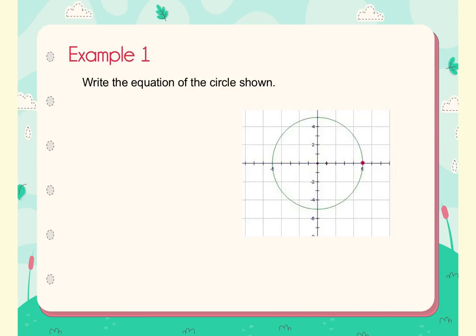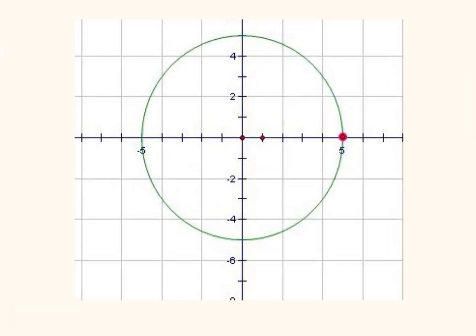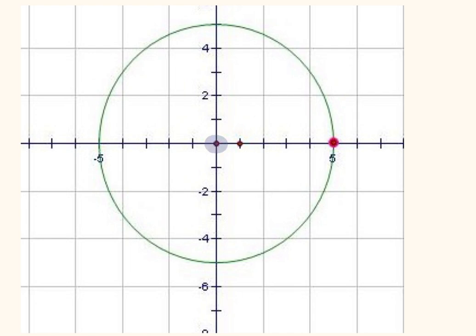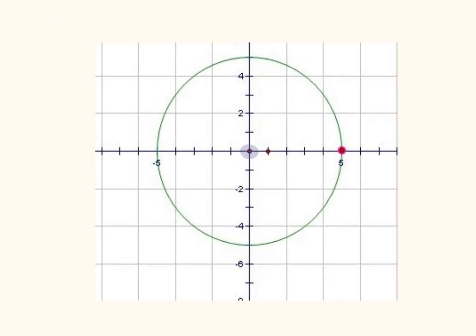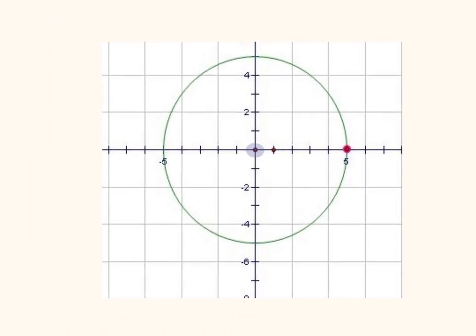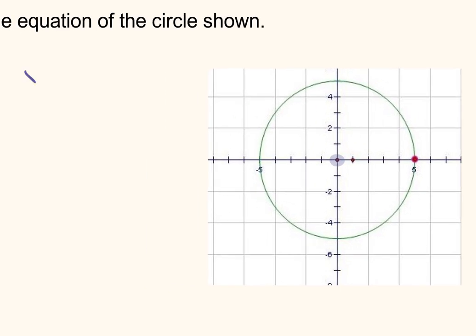So this one says, write the equation of the circle shown. And again, the importance is to note that the center is at the origin. So this is going to change, but for right now, the center's at the origin. So I know my equation is x squared plus y squared equals r squared. Now I've got to figure out r, and I can count in either direction, to the right, up, left, or down.